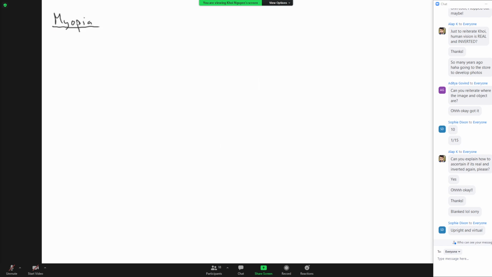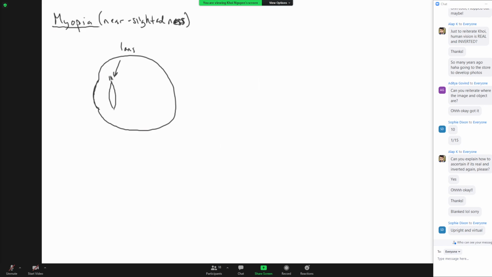Myopia, this is nearsightedness. For some reason or other, here's your eyeball, due to either the eyeball shape being too long or the cornea and the lens, this is your lens.